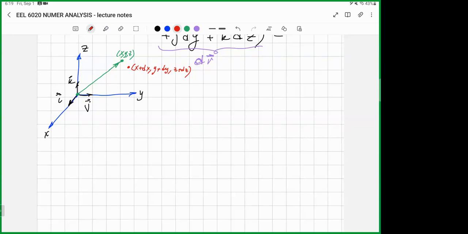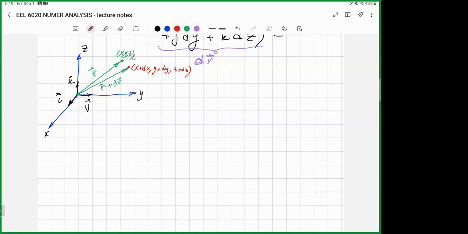The radius vector at this point is given by this radius vector plus the change of the radius vector, right?